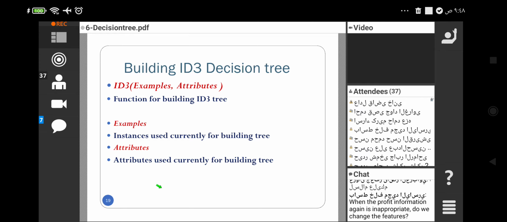Information gain could be used as a metric to say which features are better, so we could use it for selecting the best features. But finally in this decision tree, the ID tree, we use it for building the tree.